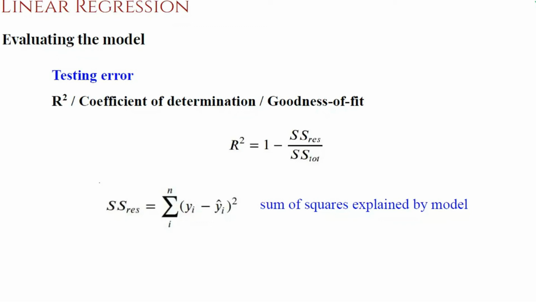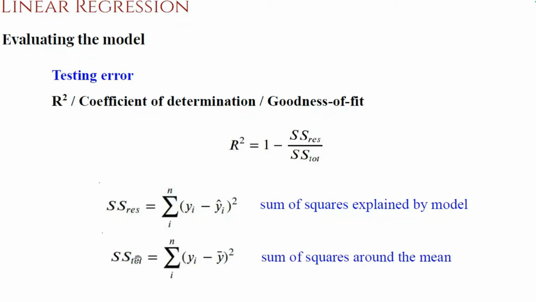But that simplest solution will also have some error. So what SS total is capturing is the error of that simple solution, that is the average model. What this y bar represents is the average height of our training data set, the average of all the 80 participants' heights.